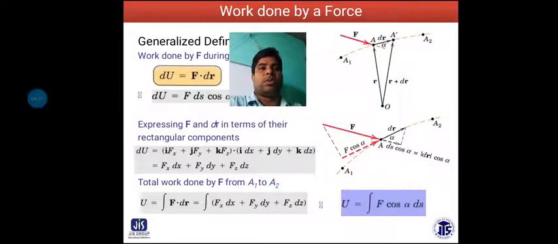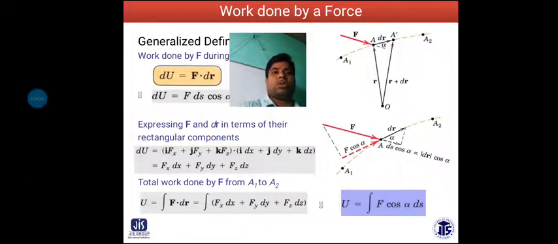Now expressing F and dr in terms of their rectangular components, dU is equal to (i Fx plus j Fy plus k Fz) dot (i dx plus j dy plus k dz).